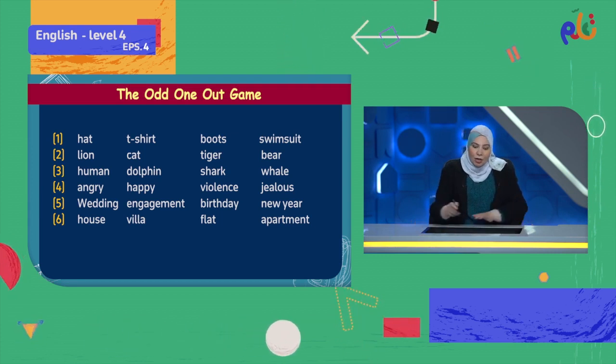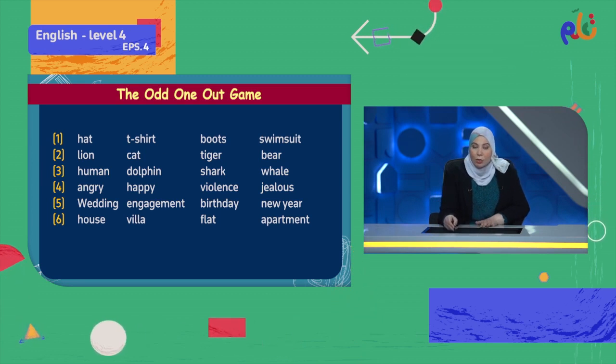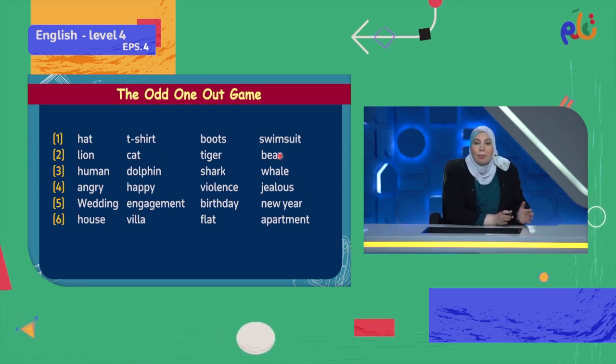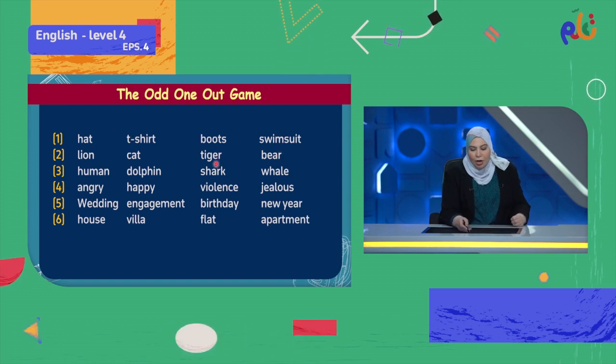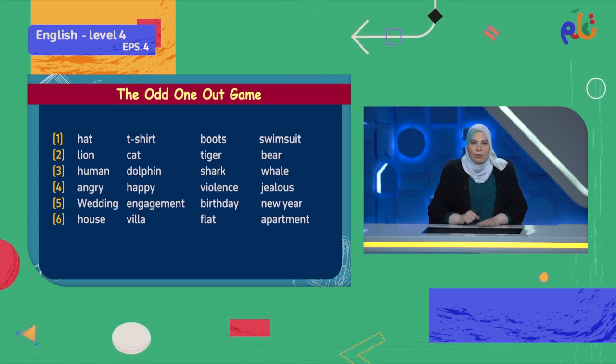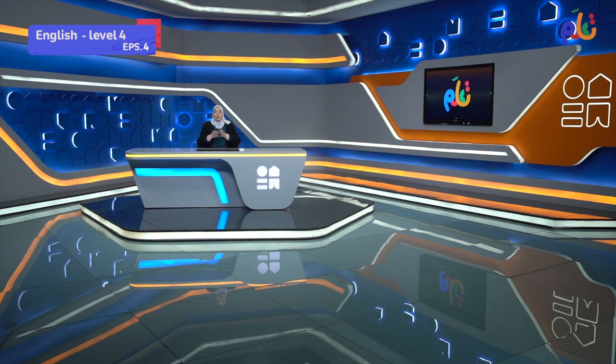Here we can say that human, dolphin, and whales are similar because they are all mammals. Shark is not the same like them, it's the different one. So for each and every one, we can have more than one option. All we need to do is to think, why is it different? The reason is the important part here.